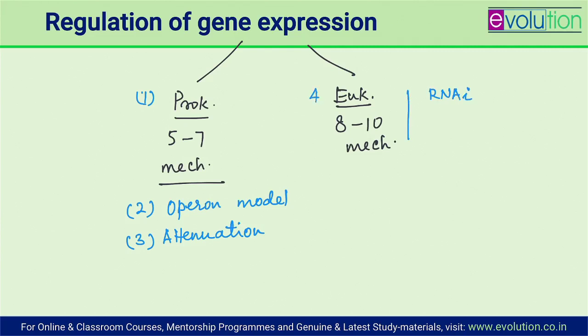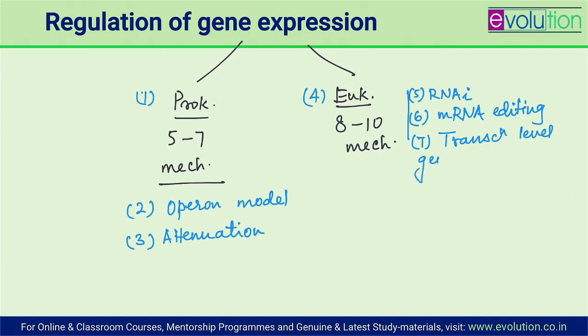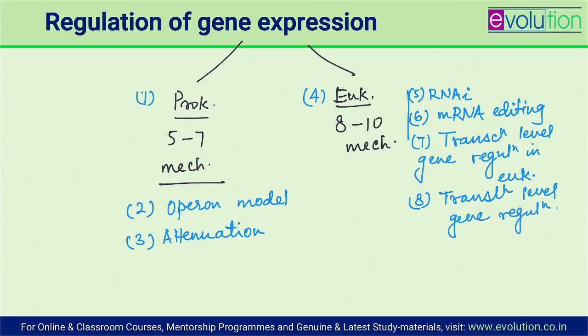Of course, there is going to be a general question on eukaryotic gene expression regulation, but a question on RNA interference, a question on mRNA editing, a question on transcription level gene regulation in eukaryotes, and translation level gene regulation in eukaryotes may be asked to you.